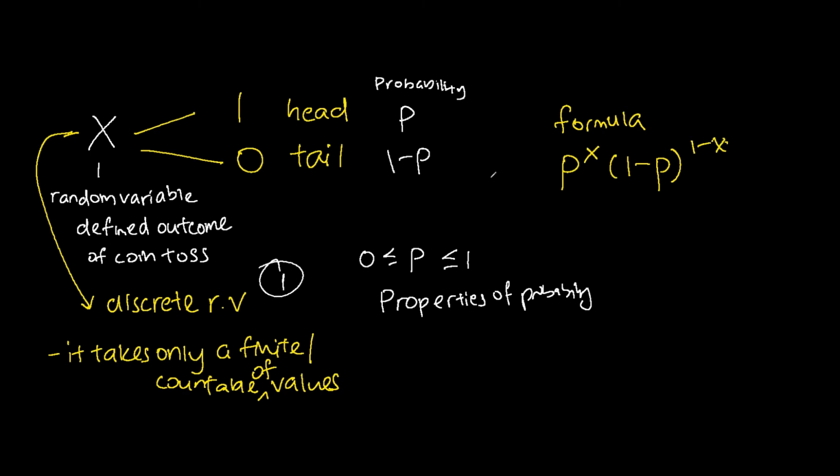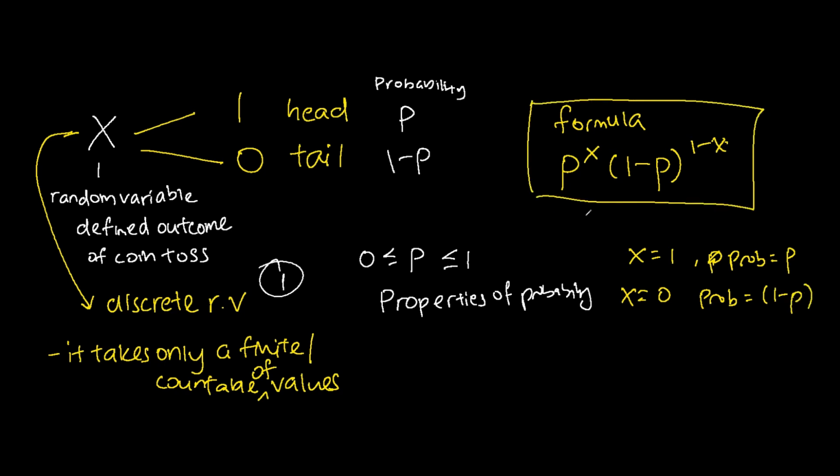If you sub in x equals 1, you basically get the probability equal to P. And when you sub in x equals 0, your probability is equal to 1 minus P. So we have this particular formula, and the name of this formula is the probability mass function.